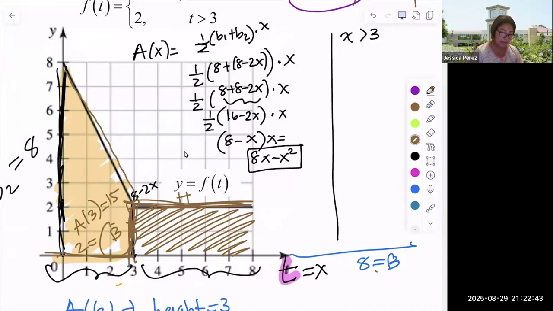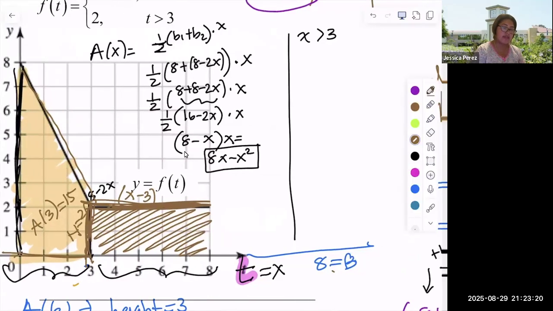My height in this case will always be 2, but my base will change. If the whole thing is t, it's going to be t minus 3, because I'm removing the 3, or in this case, it's x minus 3, because t is a function of x.